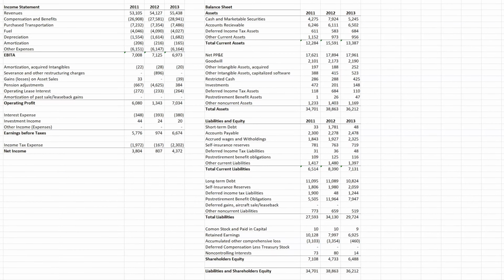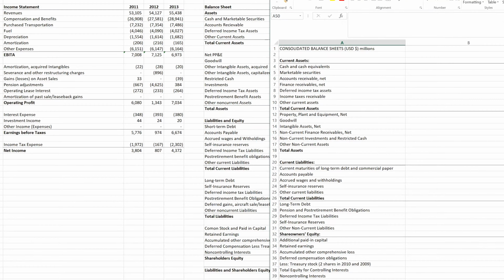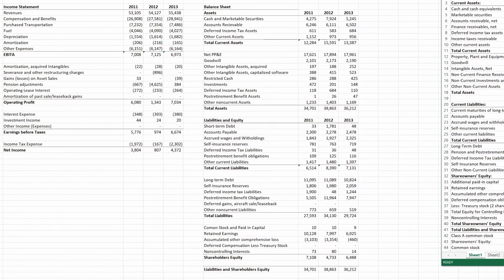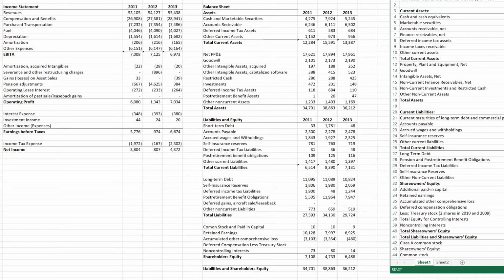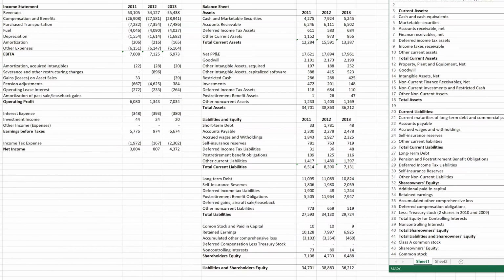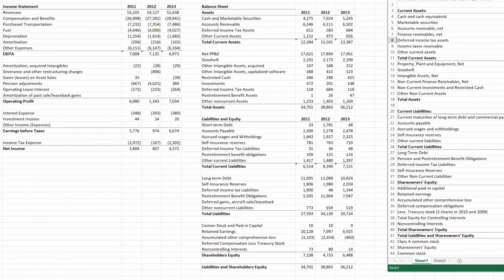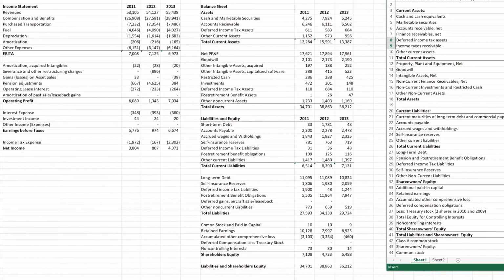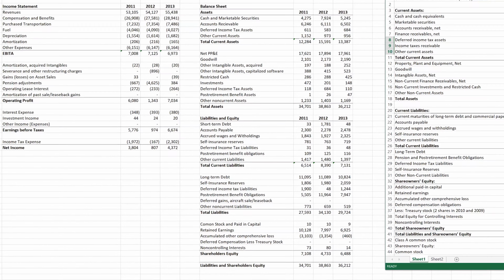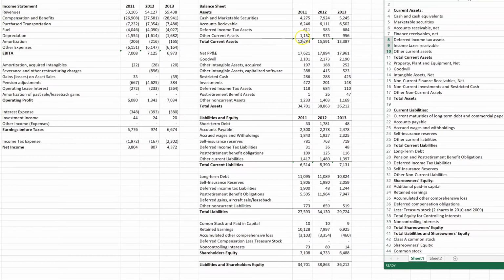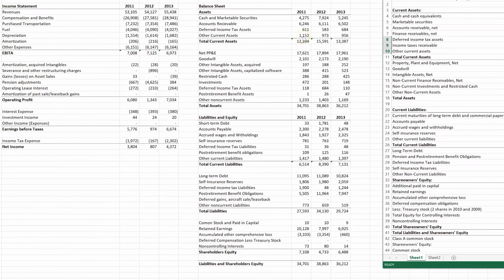Okay, so I pulled down 3 years worth of data here, and we talked about how some of this data gets condensed, right? So here was the strict copy from 2010, and we talked about how the financial receivables and the income tax receivables got combined into other current assets during the 2011 year.